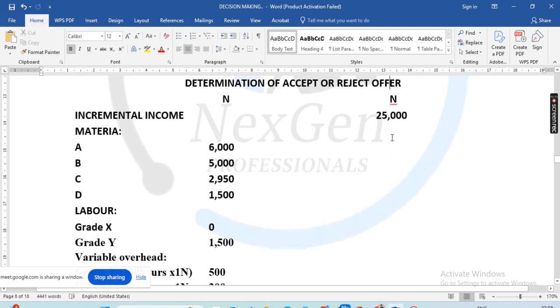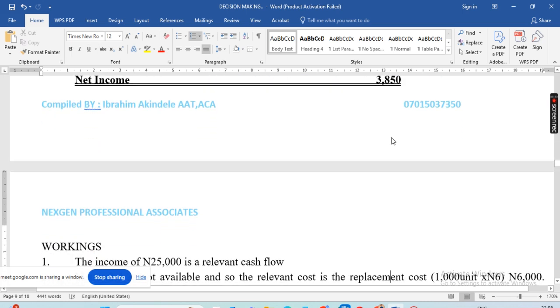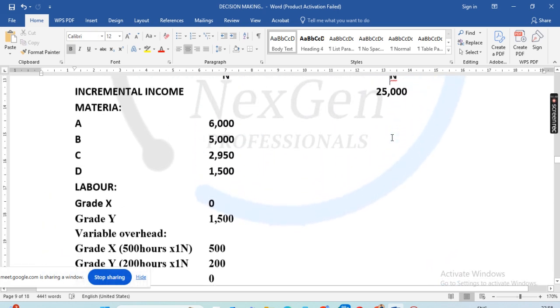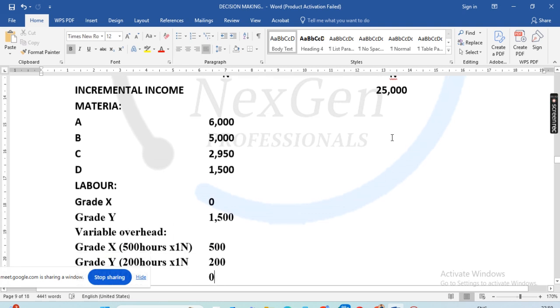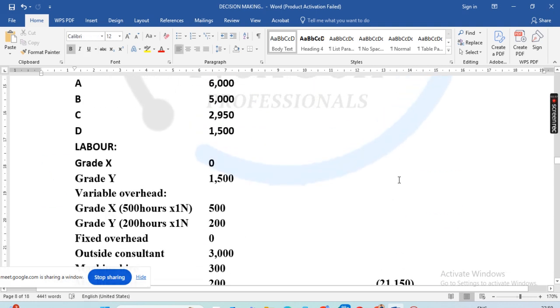When you want to accept an offer, it means that your incremental income is higher than the total cost that you will use to do this project. So you can now write notes that the offer should be accepted. Why? Because the incremental income is higher than the cost.